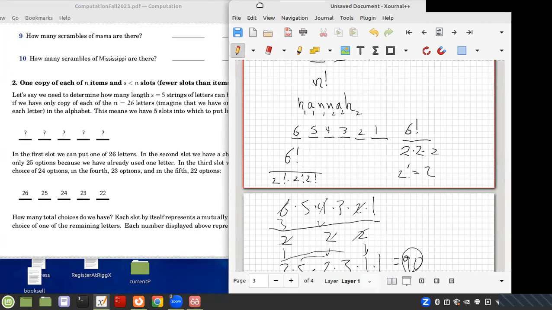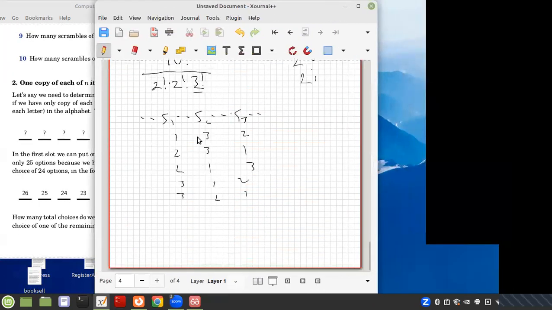Okay. Now what happens though? This is the second sort of problem we're coming to, which is what happens if you have n items, they're all distinct, but you have s less than n slots, right?